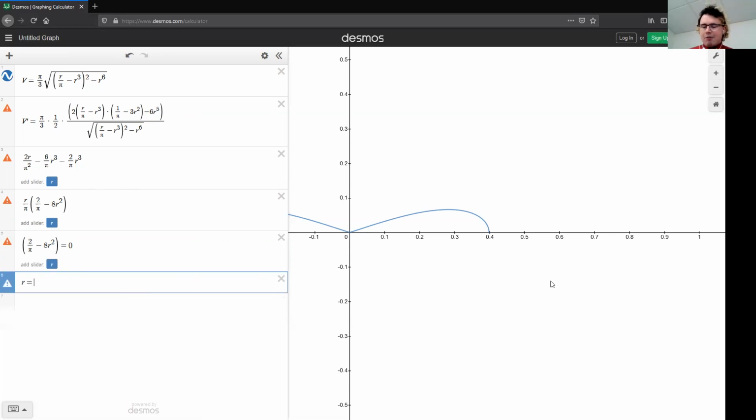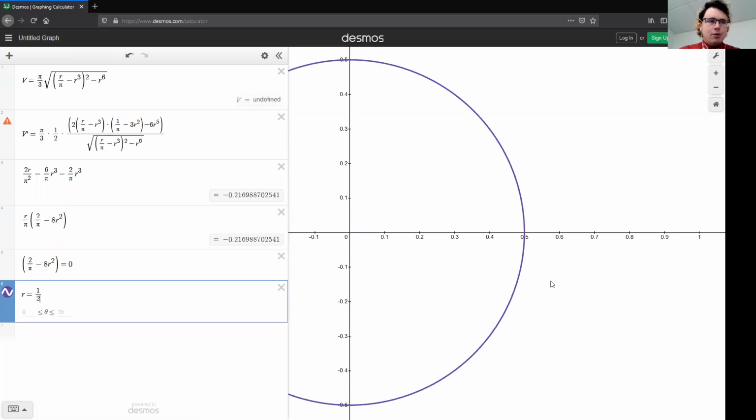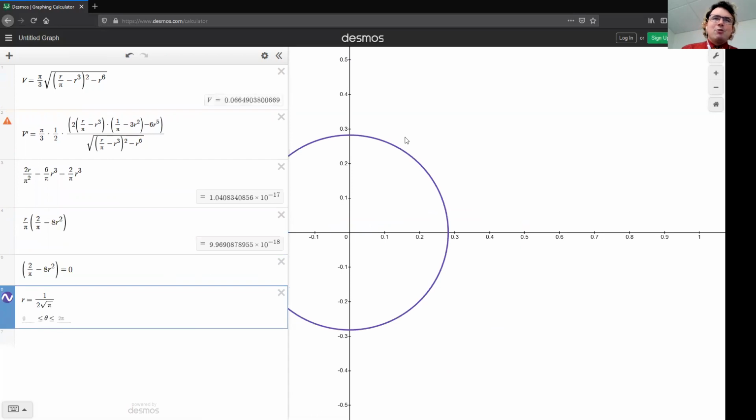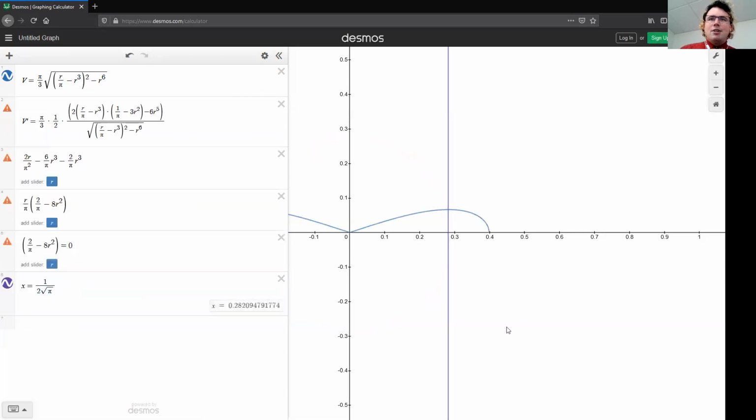What number does r have to be? R will be 1 divided by 2 times the square root of pi. Now, for technical reasons, Desmos thinks this is a different coordinate system. So let's do this as x equals that instead to get my vertical line. And it does, in fact, pass right through that maximum.